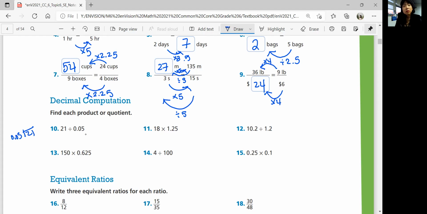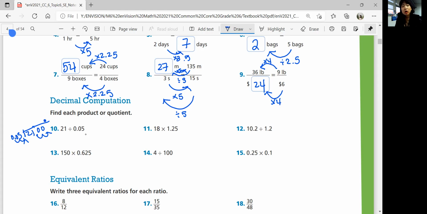You're going to move the decimal point 2 places to the right for both of them so that 5 is a whole number for you. Okay, so you're dividing 2100 by 5, which is going to be the same answer for 21 divided by 0.05.